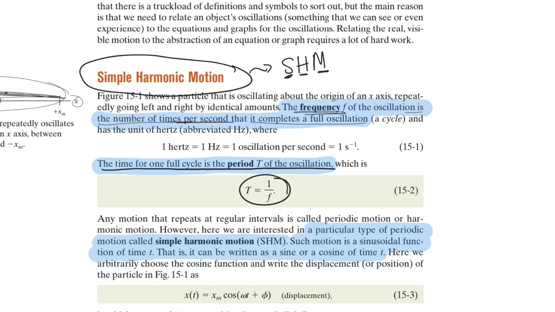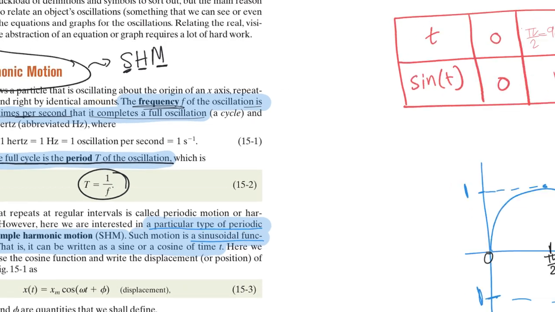Okay, so the simple harmonic motion is a particular type of periodic motion. Such motion is a sinusoidal function of time t. So what does that mean?